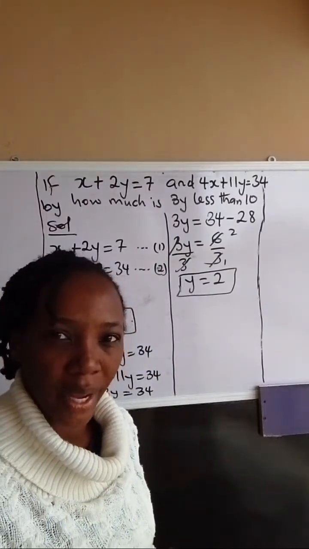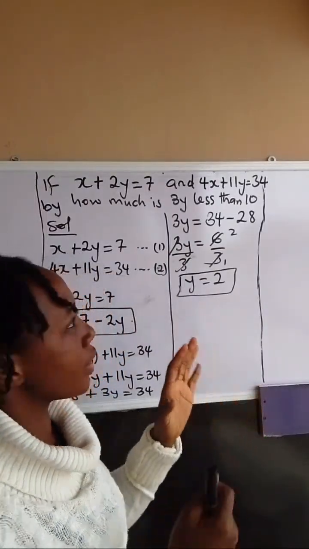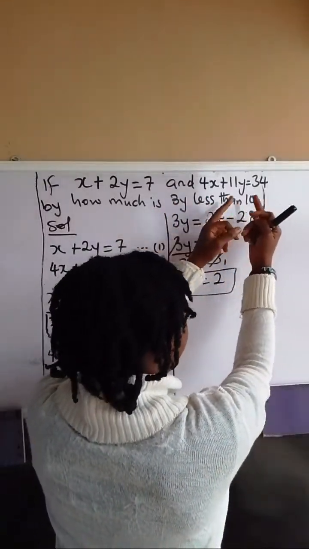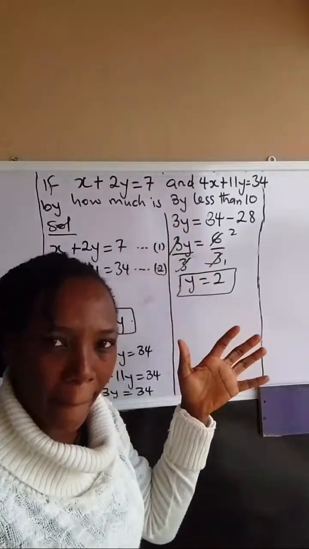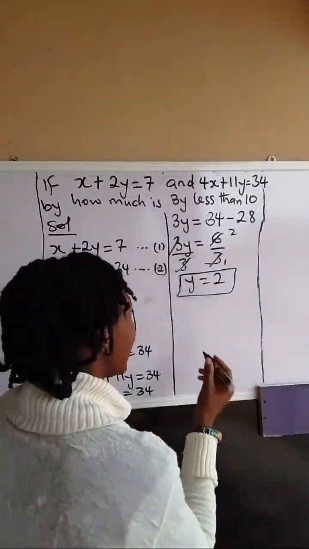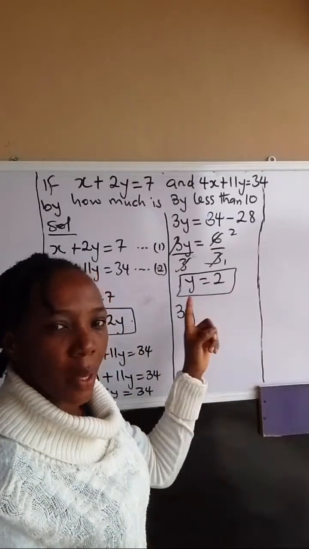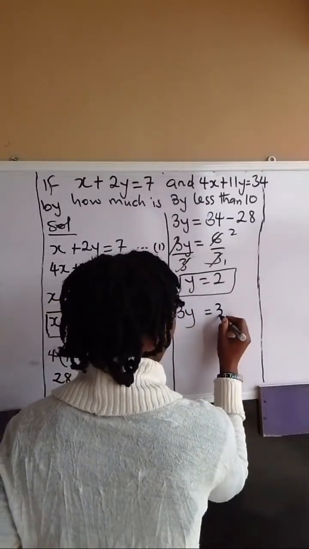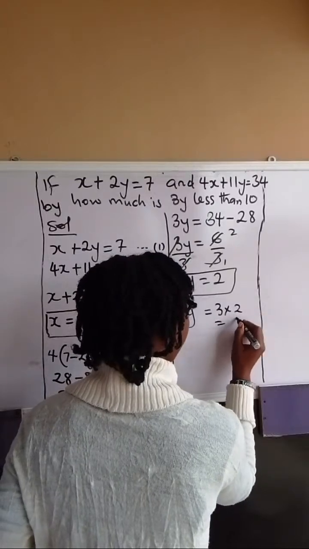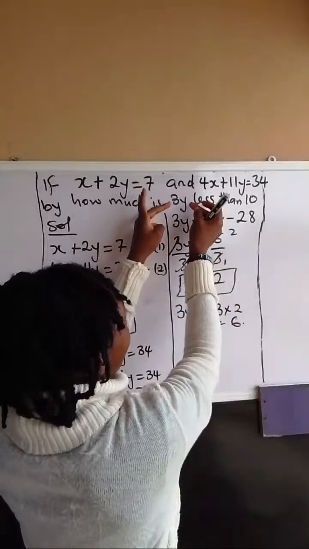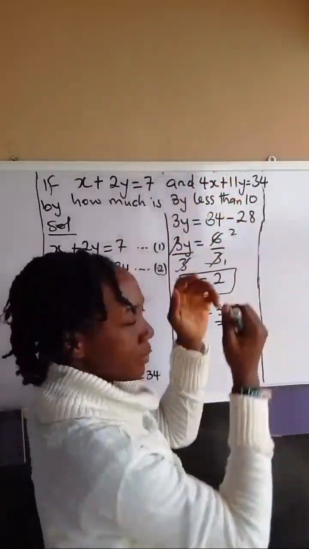We don't need to look for x in this case because our focus is on 3y less than 10. Now, 3y less than. What is 3y? If y is 2, that means 3y will be 3 times 2 to give us 6. And they said, what is 3y less than 10?